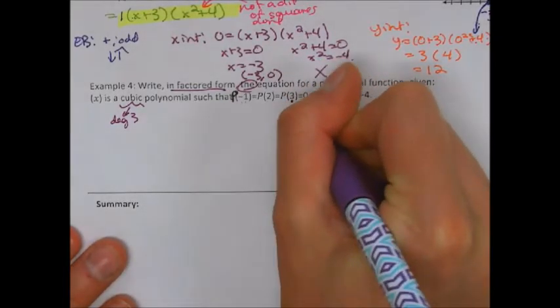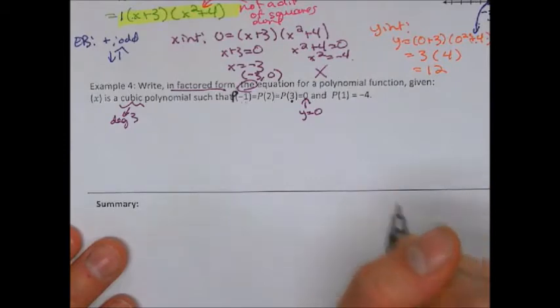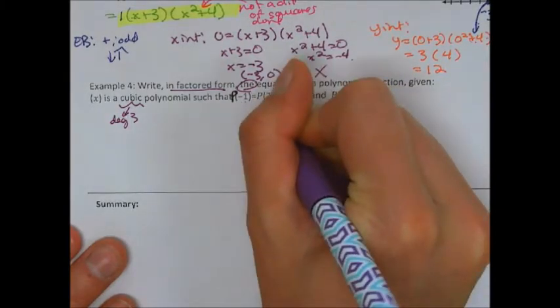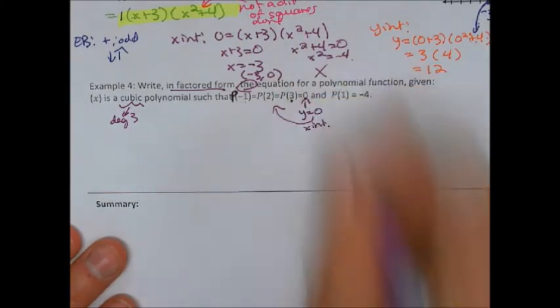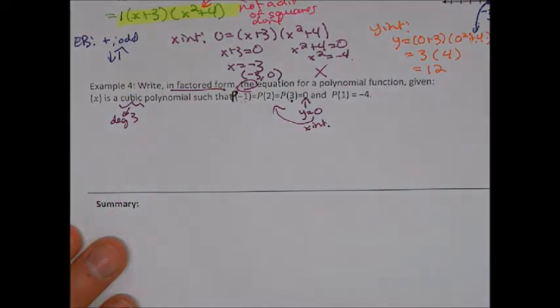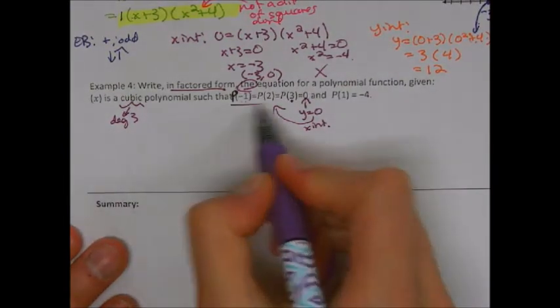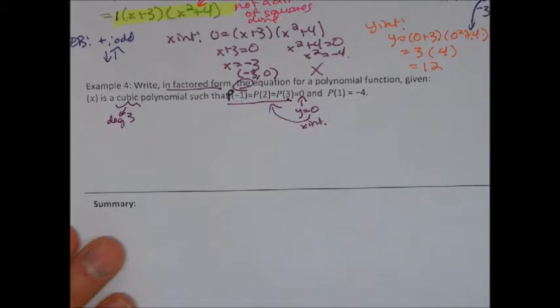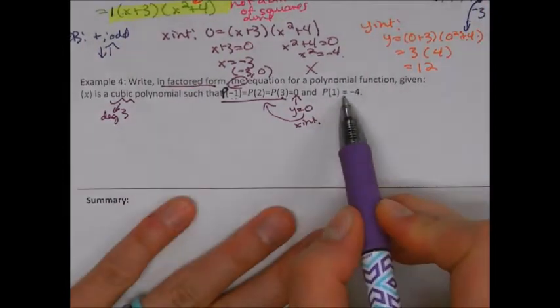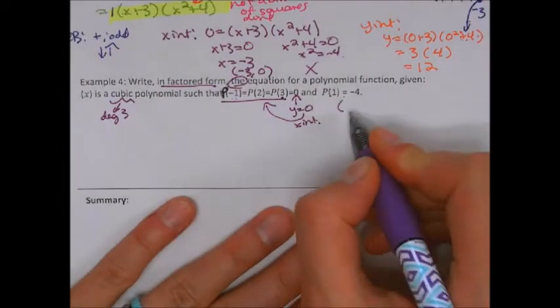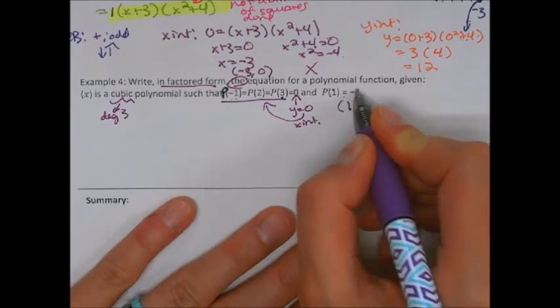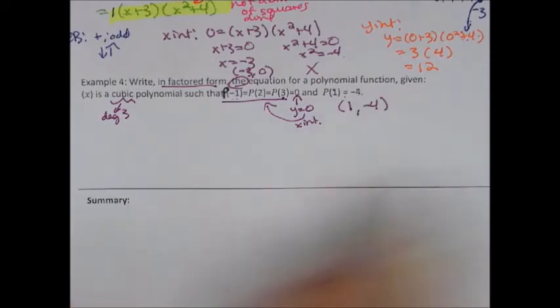So this is saying y equals 0. What does that mean? Those are x-intercepts. Then I have P of 1 equals negative 4. So my x is 1, y is negative 4.